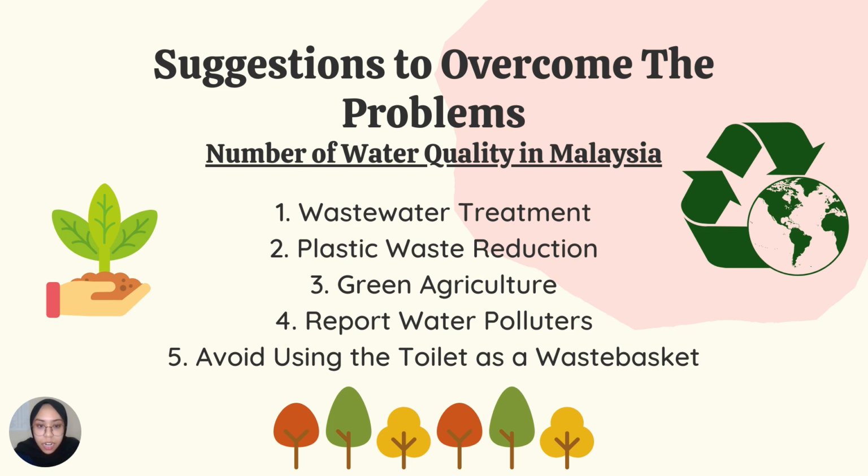Number 3, green agriculture. To foster the use of green agriculture, consider planting trees and other plants nearby bodies of water, which will keep chemicals from being washed away when it rains. You should also avoid using pesticides that contain harmful chemicals.